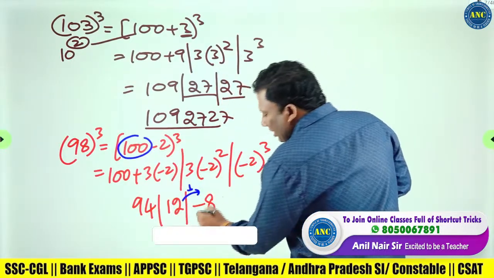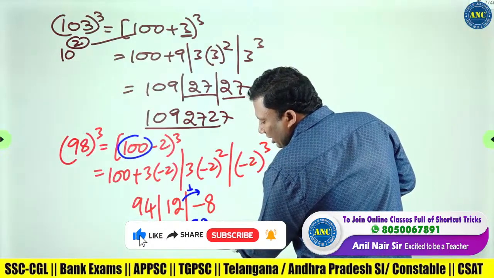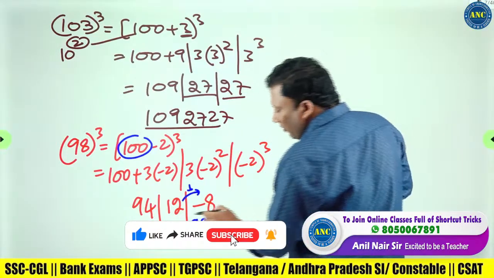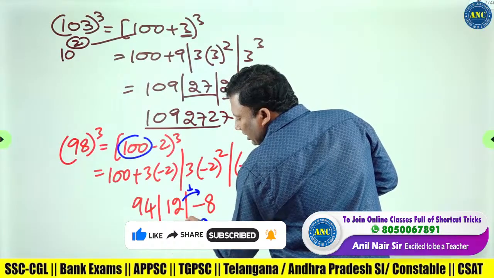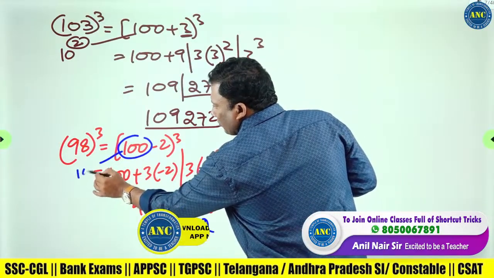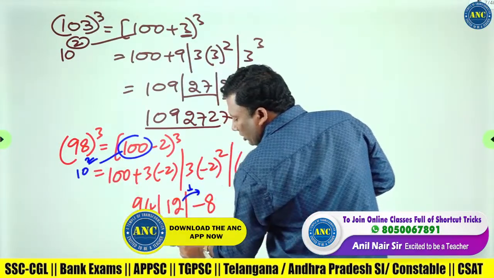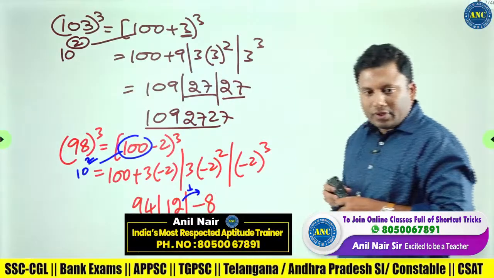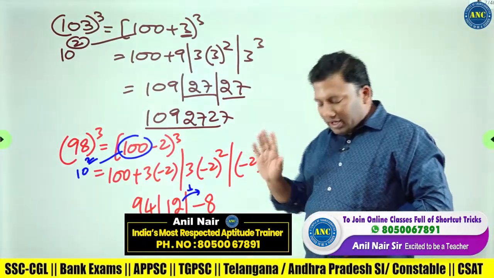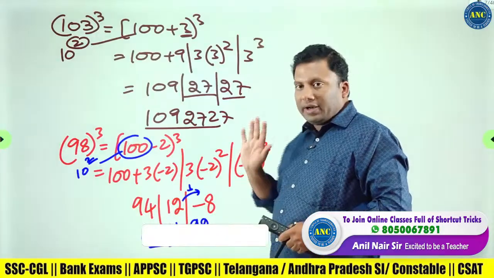Value is 100. 100 minus 8 is 92. 12, 1 is taken out, 11. And it is as it is. 100 is 10 square, so last two places are 2 digits each. 11 is 2 digits, 92 is 2 digits. 941192.